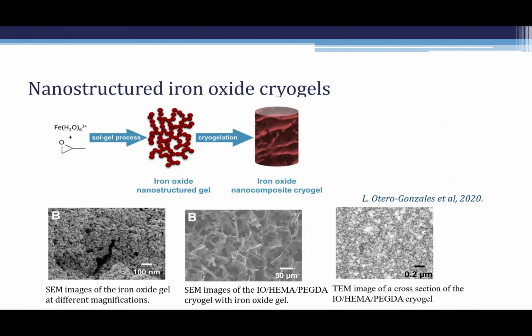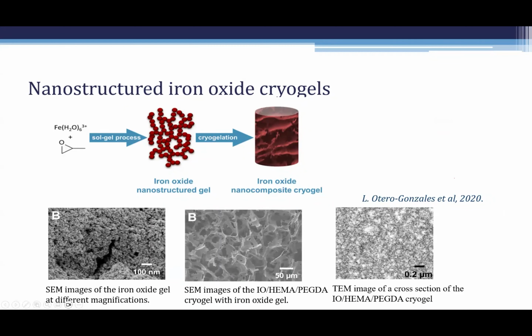So to avoid that agglomeration, what we have done next is we actually produced iron oxide salt gel. And this is a picture of that gel, which has some tiny particles, but then we put that gel inside of the cryogels, creating a macroporous structure, and we have seen very good improvement of distribution of nanoparticles.